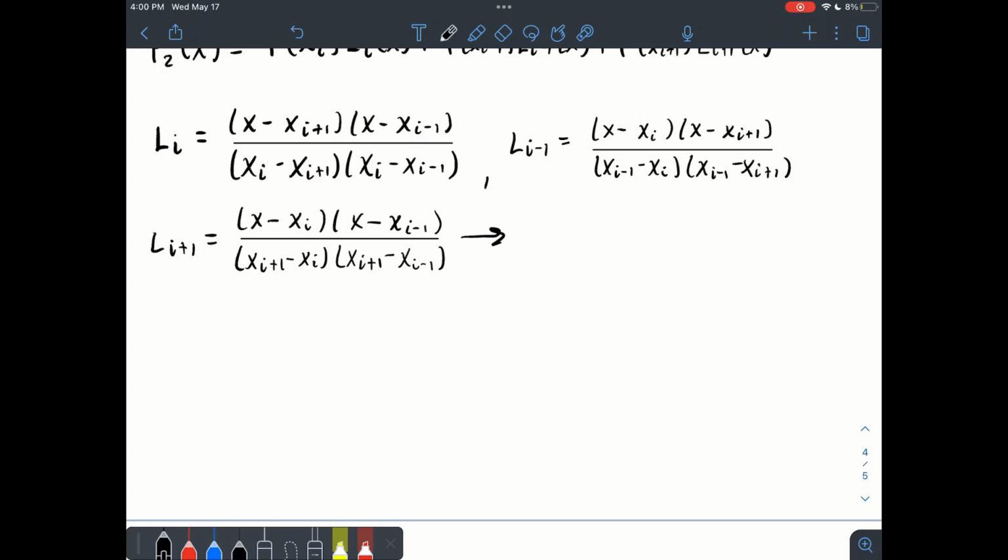Okay, and there's actually a much simpler way to write these. In general, l_i is equal to the product of x minus x_n over x_i minus x_n, where n is in the set i minus 1, i, i plus 1, and we take away from that set the case where n is equal to i.